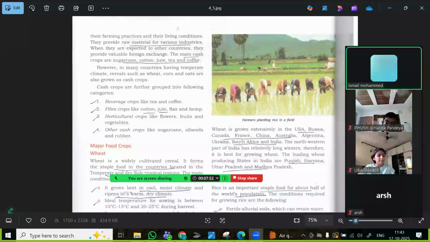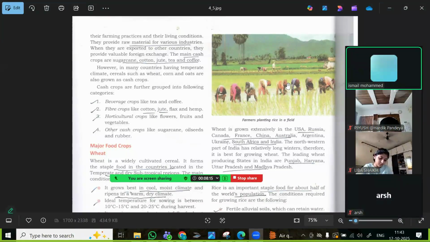So they provide raw material for various industries. For example, cotton, jute. These are all plants. They provide raw material to the industries. Sugarcane is a cash crop that you can use after the crop is grown to produce sugar.